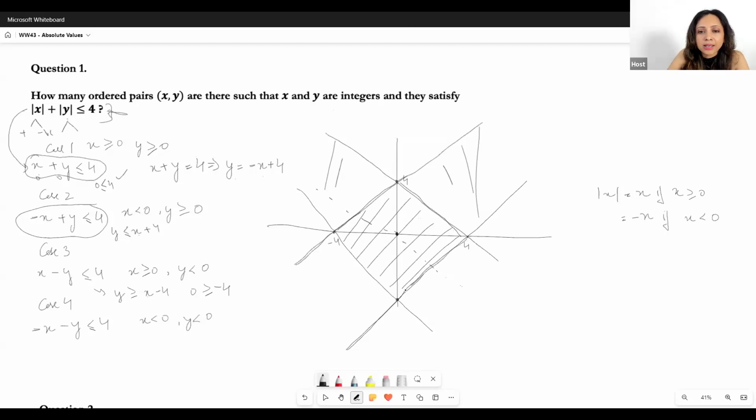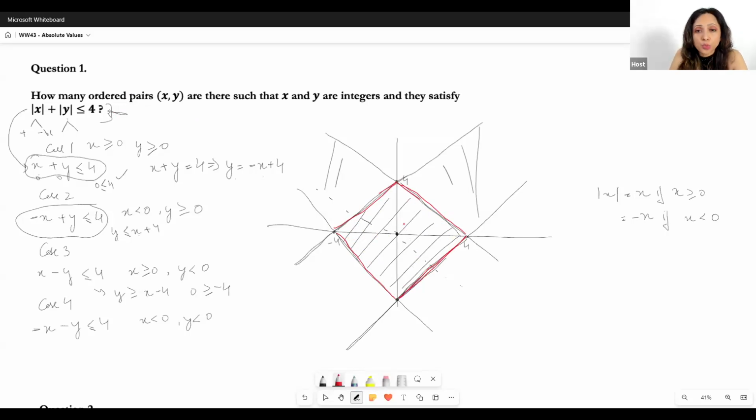The points lying on these particular lines, okay, let me show you. Red. So the points lying on this line, on this line, and the points lying inside, in the inside area. They all are going to satisfy this particular inequality, right?